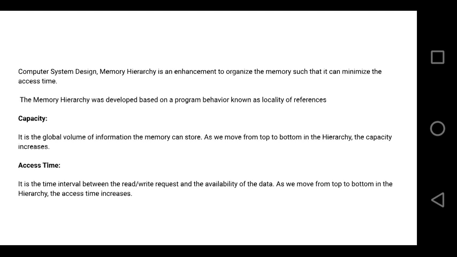It is a famous principle called locality of reference. So it is really necessary to understand the concept of locality of reference.